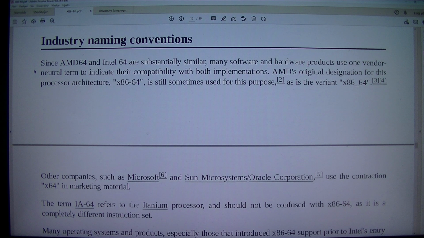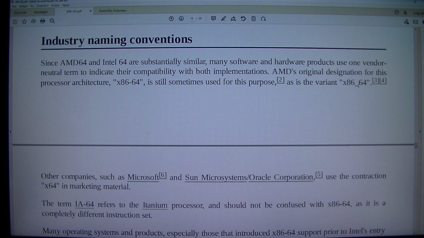Industry naming conventions. Since AMD64 and Intel 64 are substantially similar, many software and hardware products use one vendor-neutral term to indicate their compatibility with both implementations.